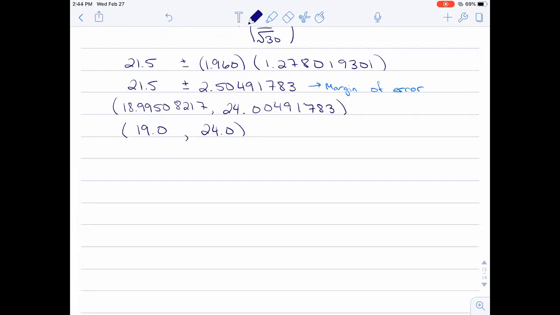So now it's time to interpret this confidence interval.